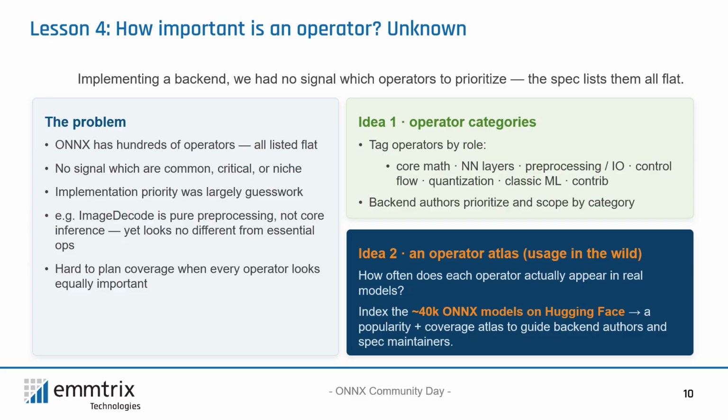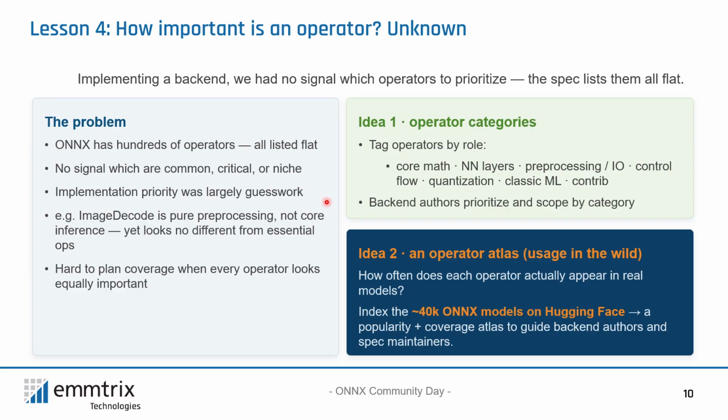So one problem during implementation of the project was that, at least in the middle, we did not know how important one operator is. There are only these opset versions, and there's a huge catalog of 200 operators now in ONNX, but it's completely unclear which are the common ones, what are the critical ones, what are niche operators.